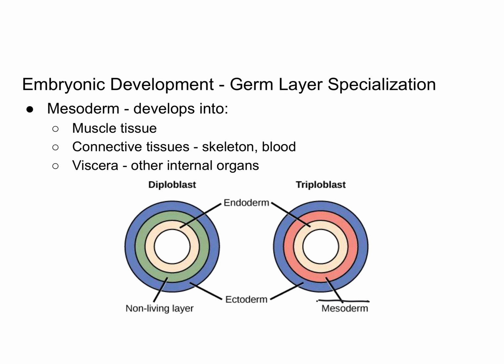And then the mesoderm is going to ultimately produce the muscle tissue, other connective tissues, which includes your skeleton, which are your bones and cartilage, and also your blood, and the viscera, which is a generic term for your other internal organs.